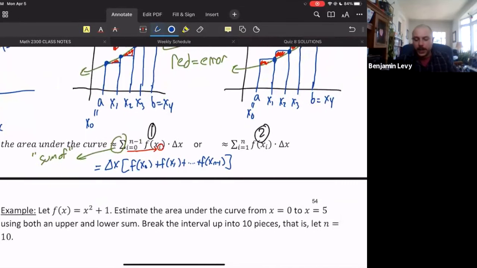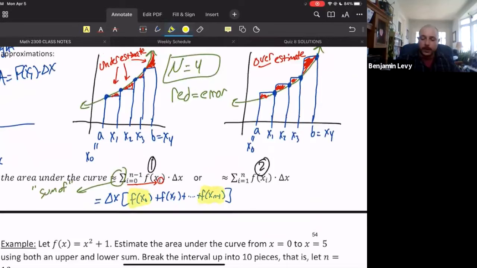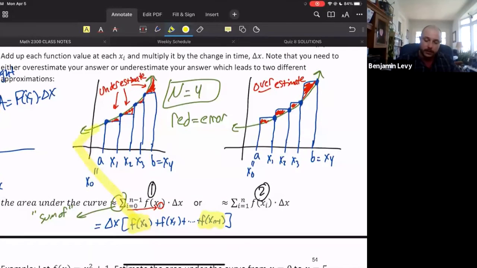But anyway, people see what I'm doing there. So on that particular one, notice how you start with the first one and you only go to the second to last one. You go to the first one and you end at the second to last one. The next one is going to do the opposite. It's going to start at the first and go all the way to the last.